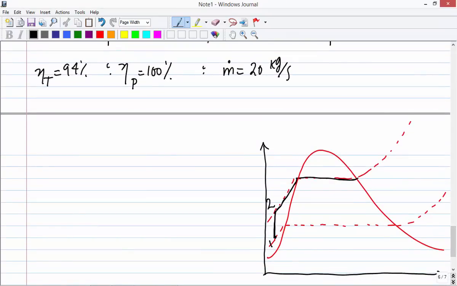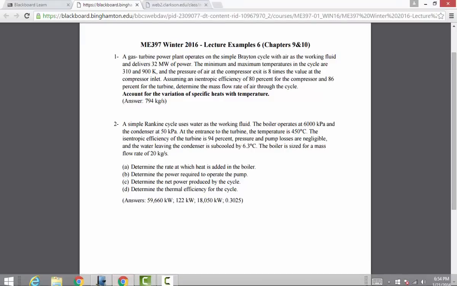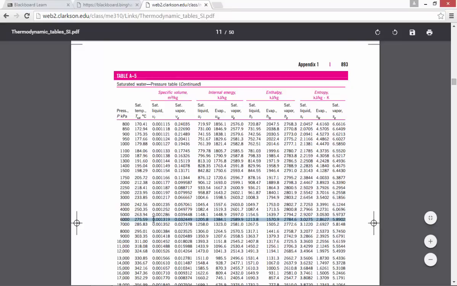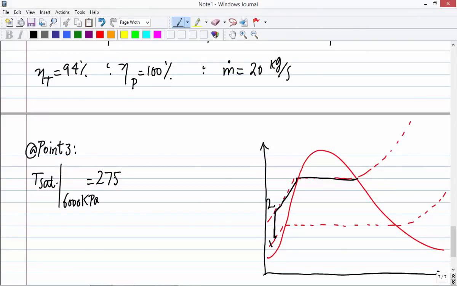The saturated temperature at 6000 kPa, if you go to the table, is this highlighted row: 275.59 degrees C, which is much less than T3, which is 450 degrees C. So it's superheated because the temperature is much warmer.